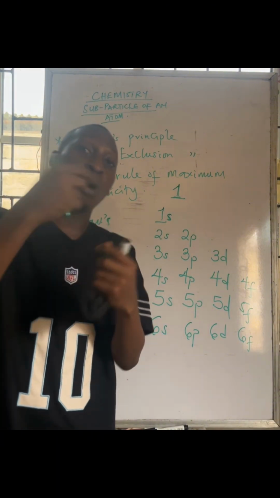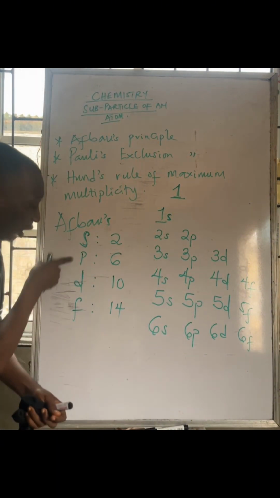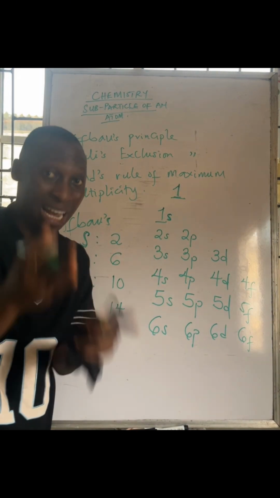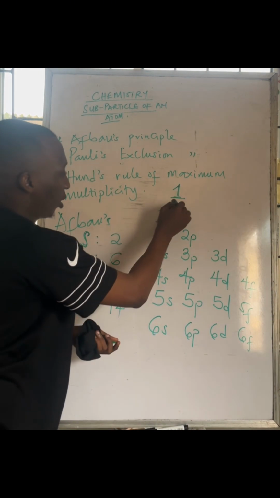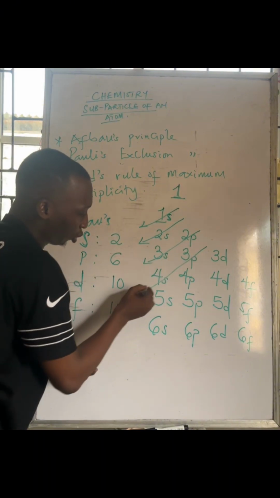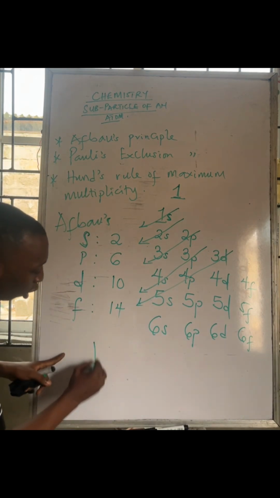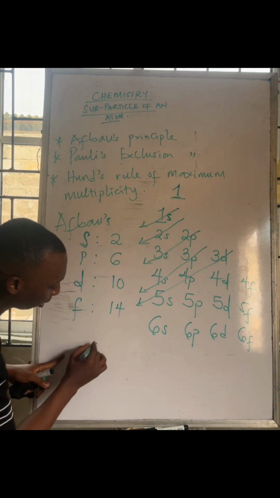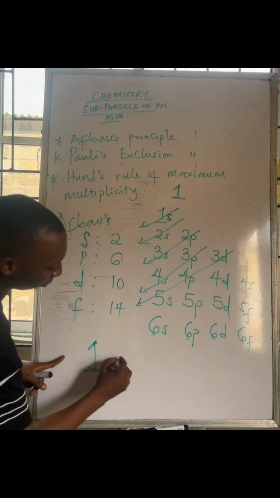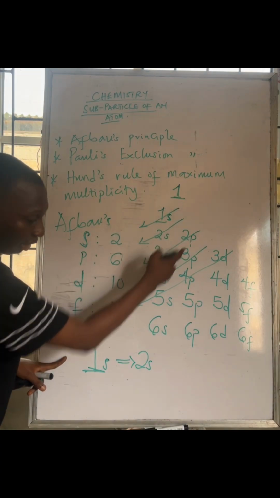We are seeing how to arrange electrons in orbitals, and these are the orbitals, s, p, d, and f. I can represent this using an arrow. See the way my arrow comes. Take note of how the arrow comes. So that means I come from orbital 1s to 2s, and from 2s to 2p.